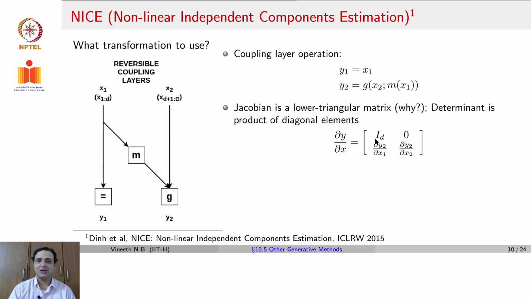Let's take a moment to recall what a Jacobian matrix is. A Jacobian matrix is the matrix of all partial derivatives.